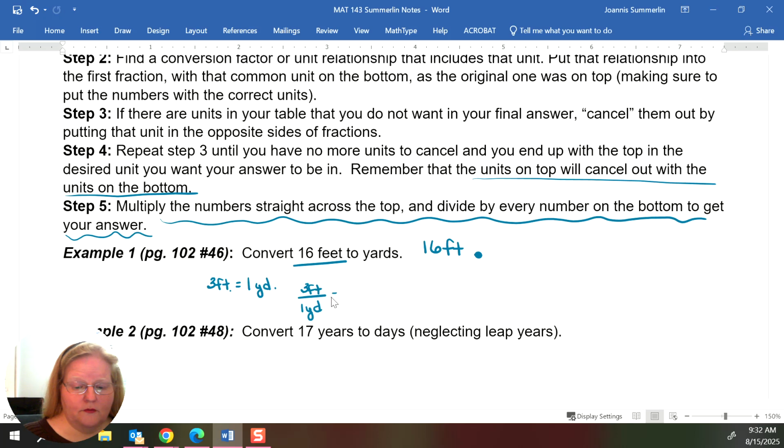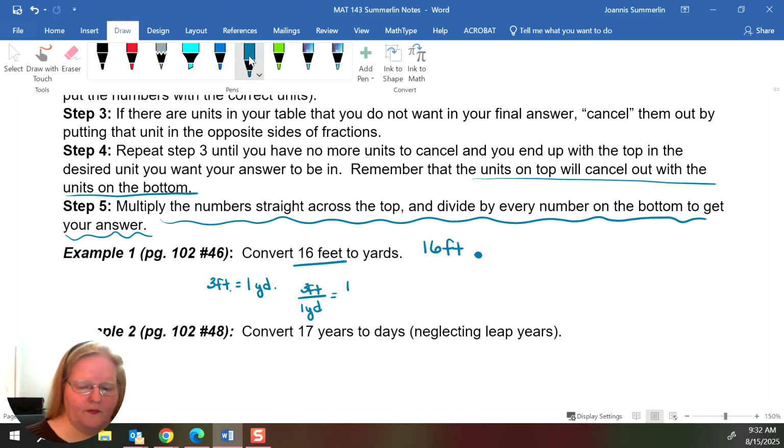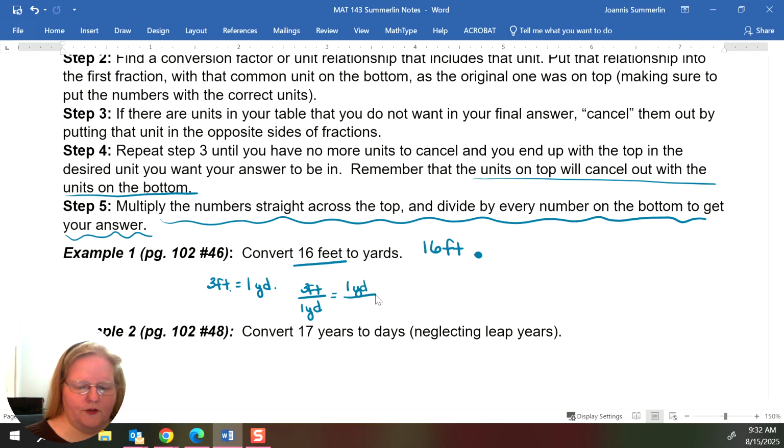Or I could put 1 yard on top and 3 feet on the bottom. Either one of those is true. This is the fact, and because of that fact, I can pick either this one or this one.